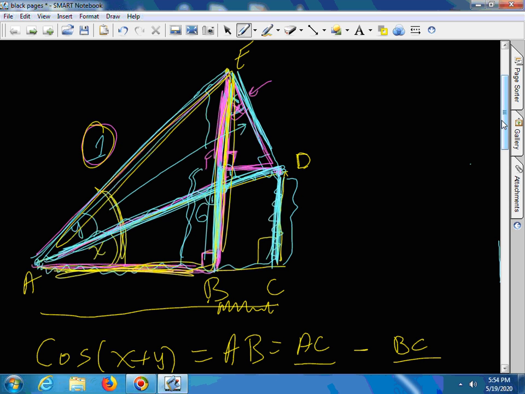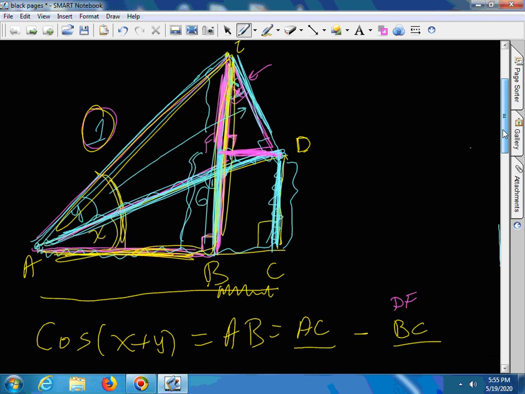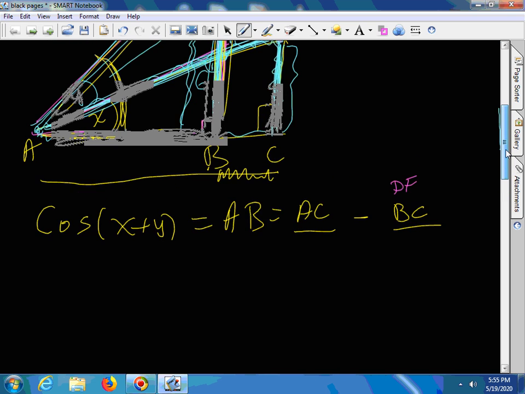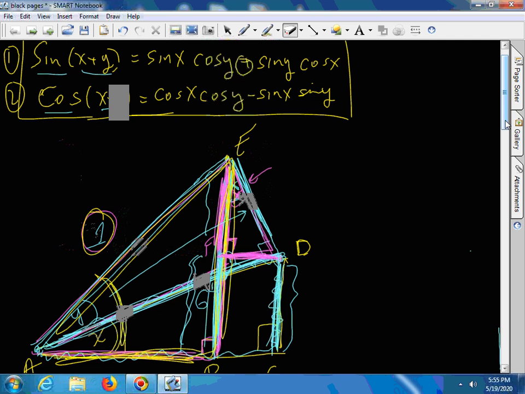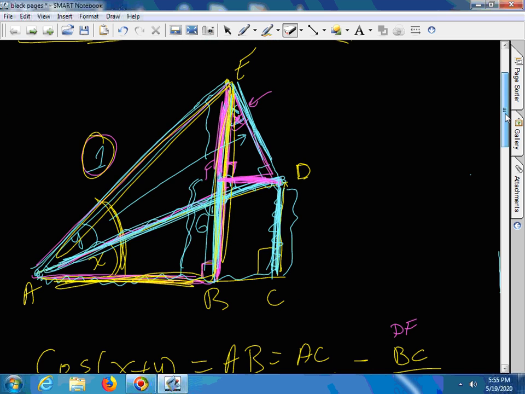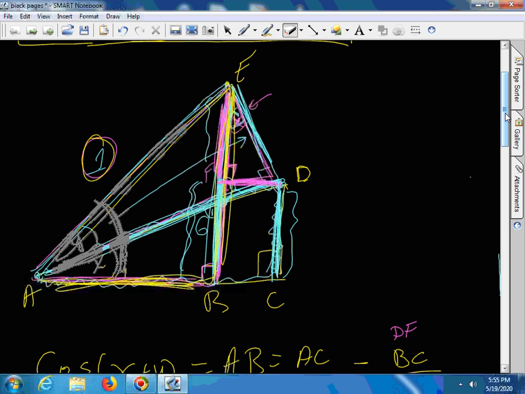But you know what? BC, in case I need it, BC is the same as this piece up here, as DF. So now, it'd be really nice if I can write AC in terms of angle X or Y. Now, AC is this whole piece. And we have this big triangle.